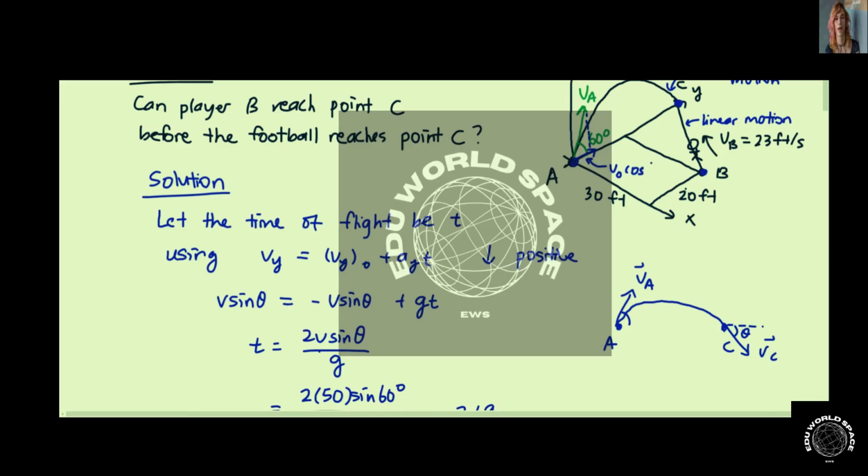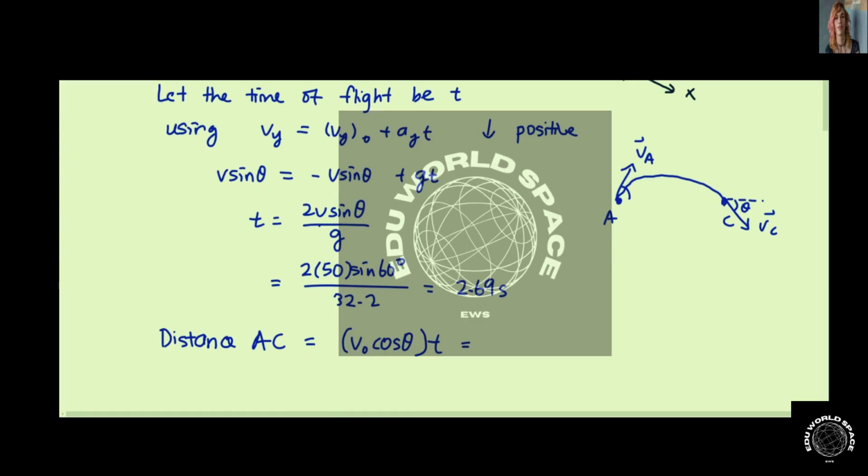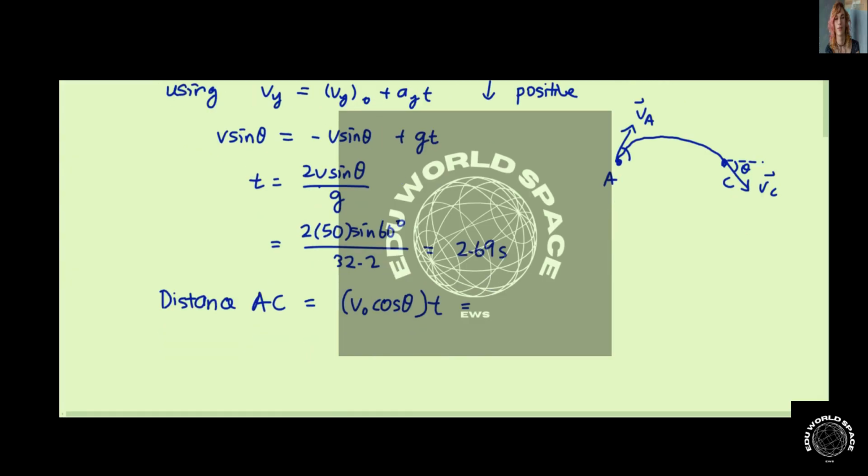And then you just multiply by the time. You have 50 cosine 60 degrees times 2.69, which is the time that we found just now. You get 67.2 feet.